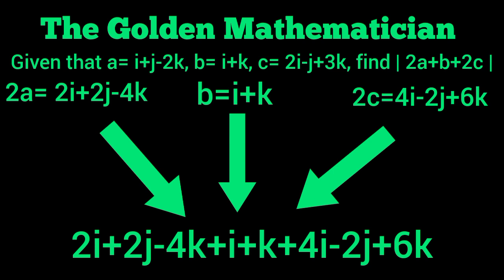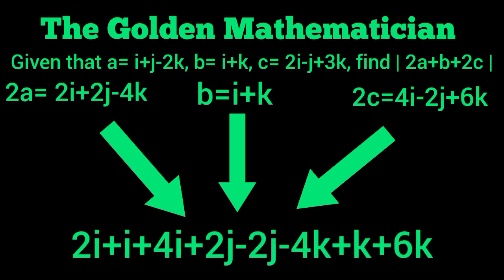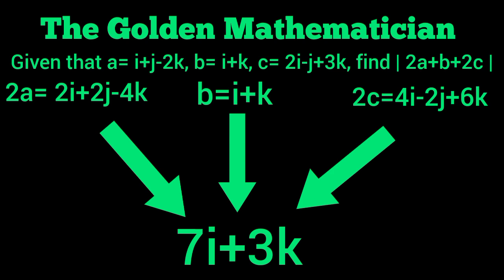What we are going to do next is what we know as collecting like terms. So by doing so, we would have 2i plus i plus 4i plus 2j minus 2j minus 4k plus k plus 6k. Well, I just rearranged it for simplicity's sake. Nothing much was done here. So vector 2A plus B plus 2C is now going to be equal to 7i plus 3k.